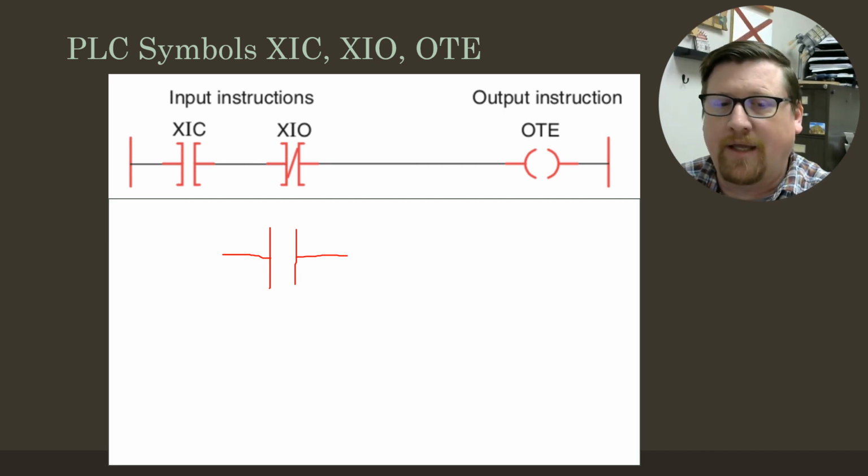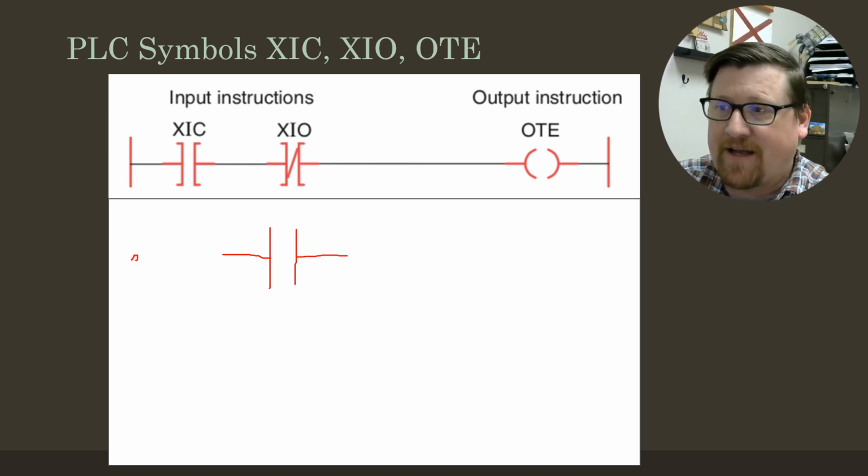In PLCs, this is an examine if closed. What that means is it's looking for its input. It's looking for a yes or a no. It's looking for a yes, this is passing current through, or no, it is not.